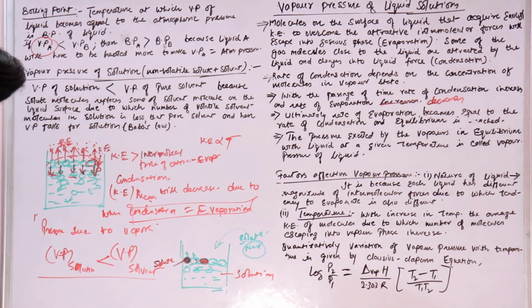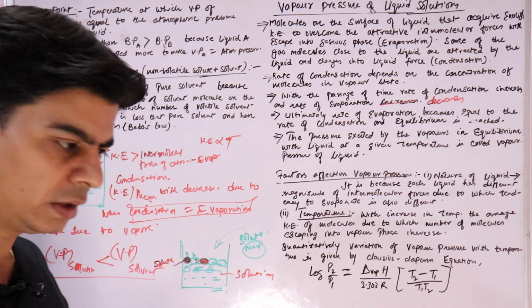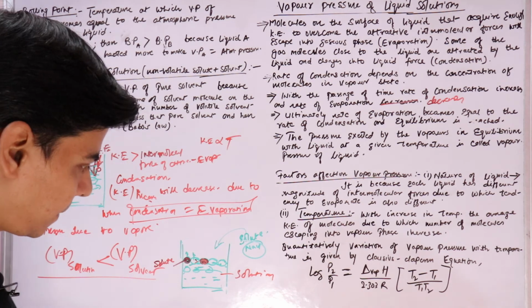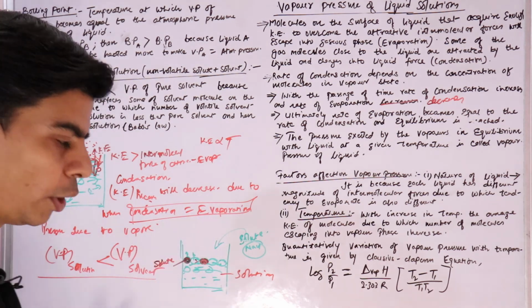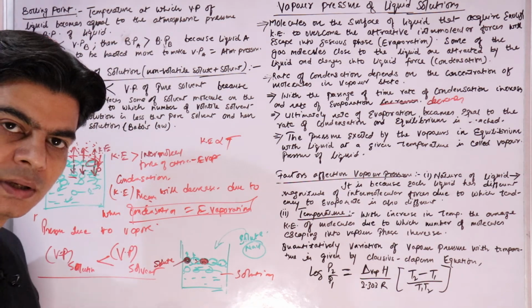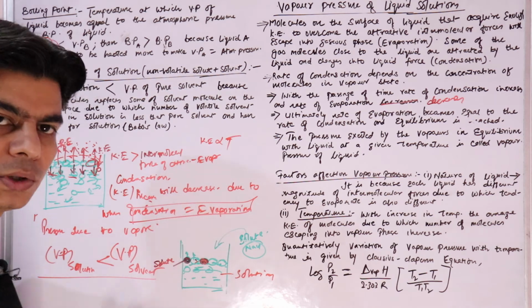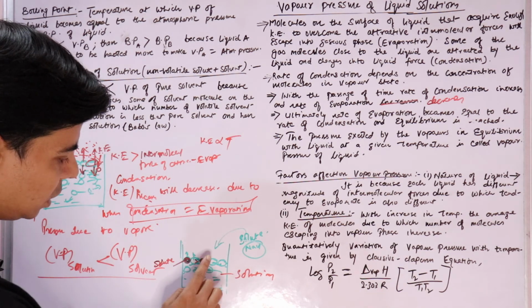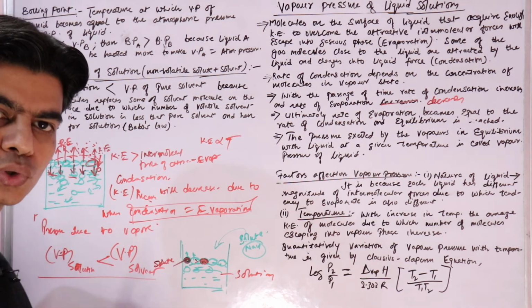So now, as we talked about above, if the vapor pressure is low, that means, suppose this liquid boils at 100 degrees Celsius, right? Now boiling means the vapor pressure becomes equal to the atmospheric pressure. Now suppose I add solute, the liquid molecules would be replaced by the solute molecules.